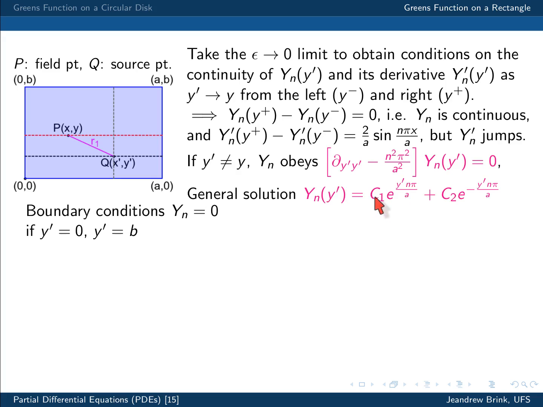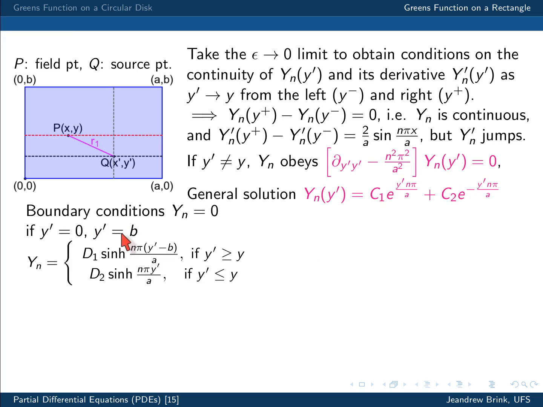So yn is simply the sinh of y prime n pi over a, times some constant that we don't know. Okay, so by making y prime equal to 0, you've lost one of these functions. Similarly, if you require that y is equal to 0 at y prime equal to b, you can also solve for one of these two functions, and you can express the solution that has this property as follows. Here's the first case. If y prime is greater than y, in other words, up here, you can express y prime minus b this way.